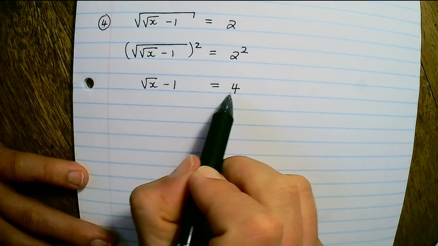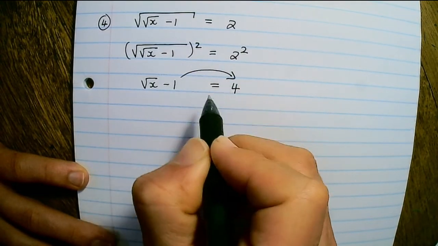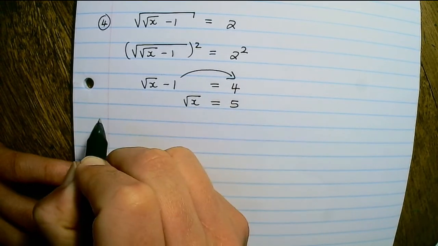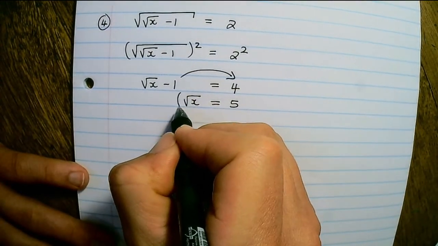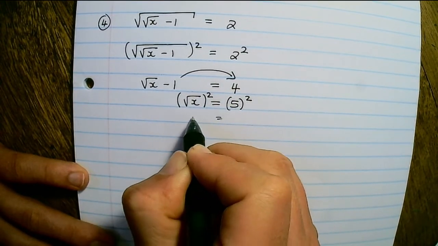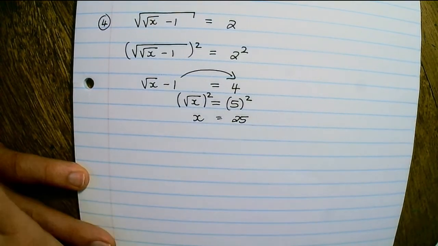Then before squaring both sides again, I transpose the 1, so I move it over the equal sign, so that becomes 5. And then I square both sides again. So x is equal to 25.